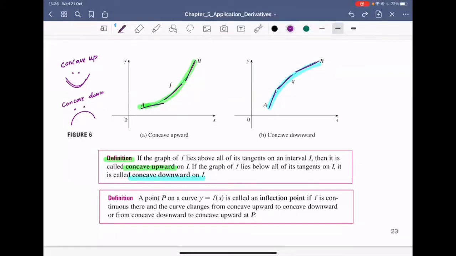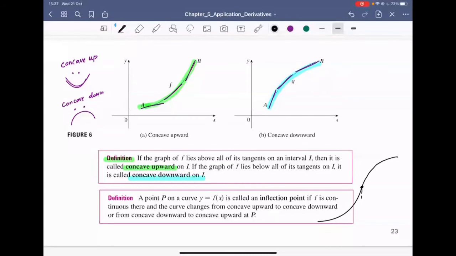It is possible that sometimes you're going to see a function that is increasing, and then it switches from concave up to concave down, something like the sigmoid curve. Have you ever seen something like this, going up, and then at some point it's still going up, but it just changed the concavity?